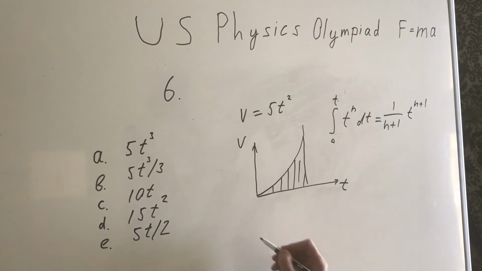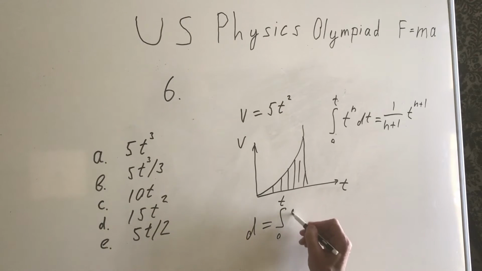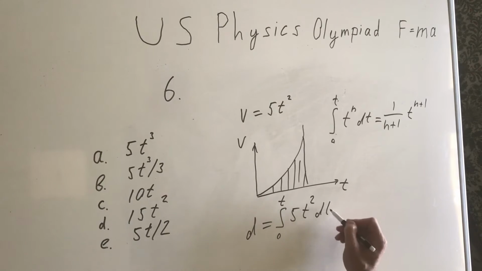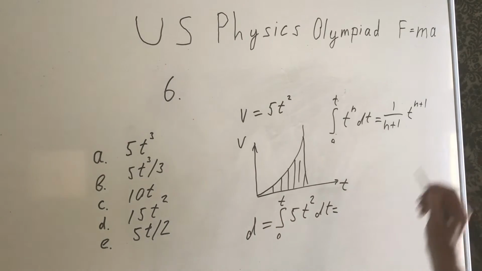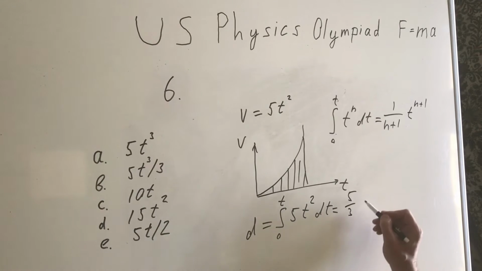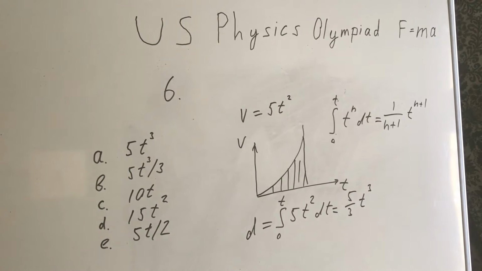In our case, displacement is such an integral. So using this formula, that's 5 over 3 t to the power 3. So that's the answer. From the options on the left side we can choose the right answer, that's B.